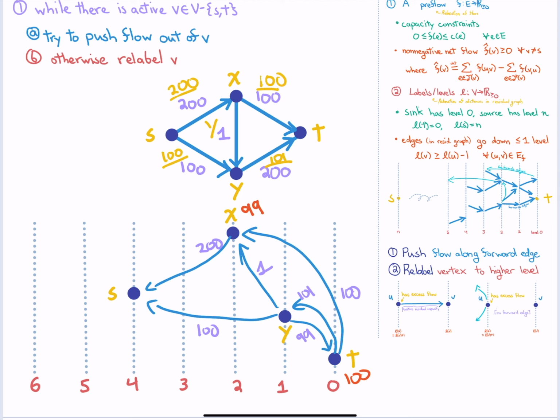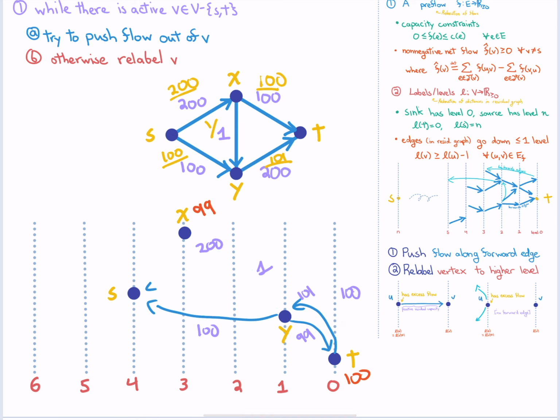X. X is the only active vertex. Do you want to push or relabel? Relabel. Okay, so X doesn't have any forward edges, so we're going to push them up. Now you get something like that, and that. And that wasn't great.